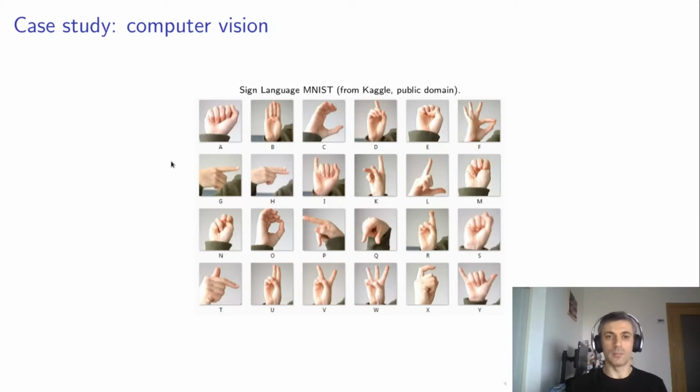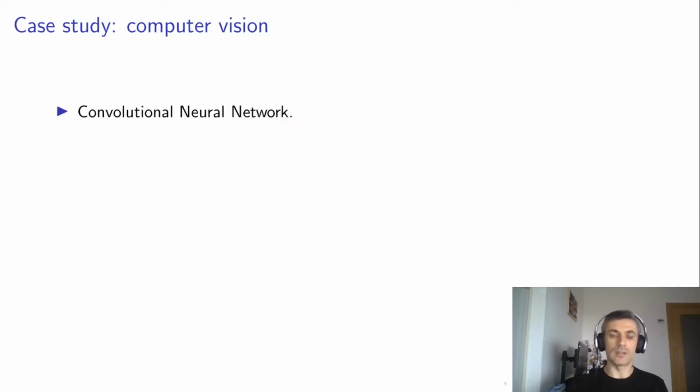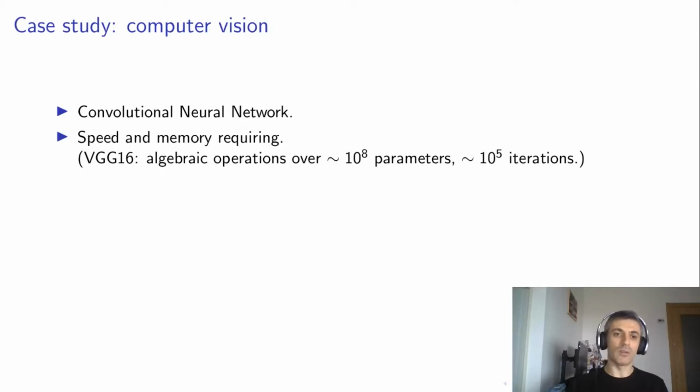So that's a typical computer vision classification problem, which is nowadays tackled with convolutional neural networks, which are not very straightforward algorithms, especially if one considers that they have to be very speed and memory efficient.